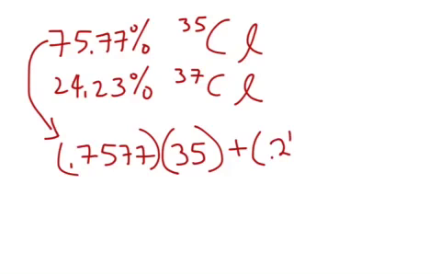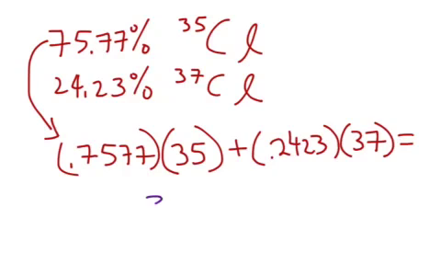So it's 0.2423 times this isotope, which is chlorine 37, and then you're going to hit equals. And what you should end up with, for chlorine at least, based on these numbers I've given you, is an average atomic mass of 35.49.